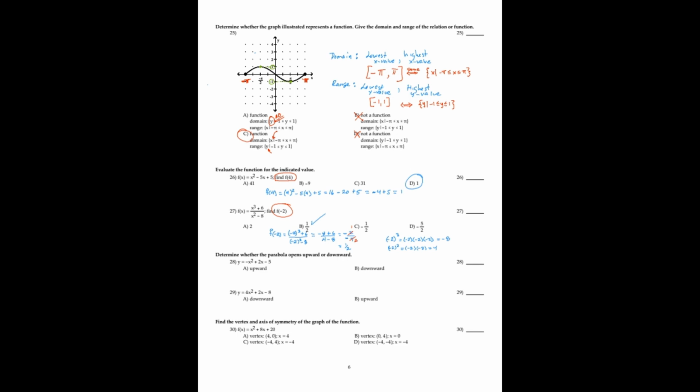Okay, so let us go back to the question that I skipped, number 21. Now we're going to do it. Here we have to find an operation with functions, and also evaluate.